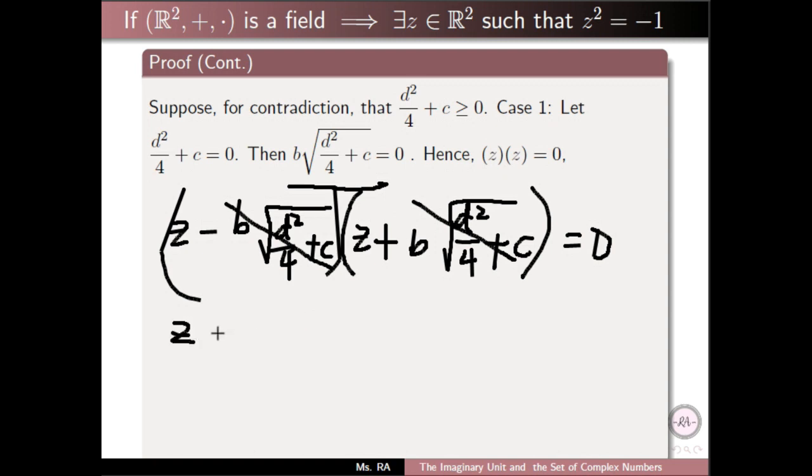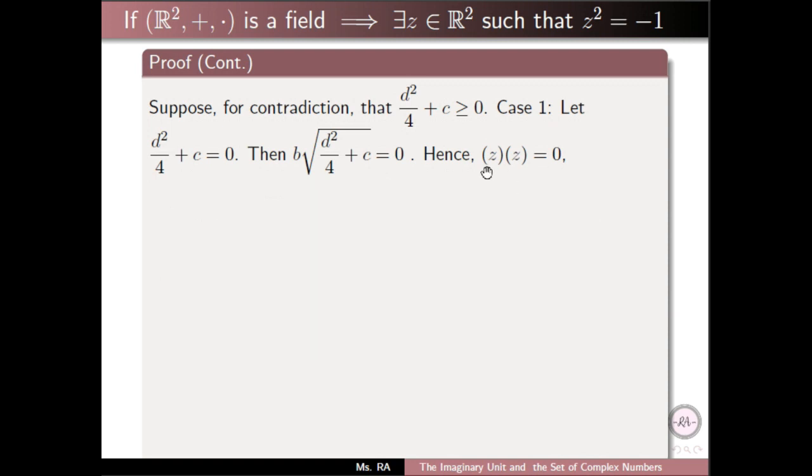But note that with our first slide, the slide before this, can you still recall the assumption that we have that z is not equal to 0? Right? Can you recall that? So, due to that, we have z which is non-zero, then z again which is non-zero, but then the product is 0. This is a contradiction.